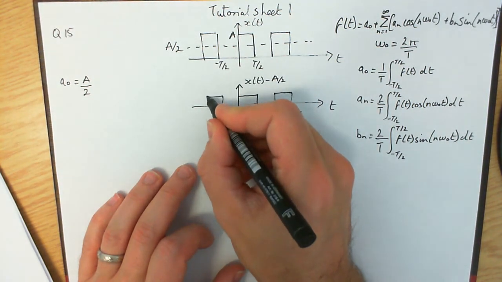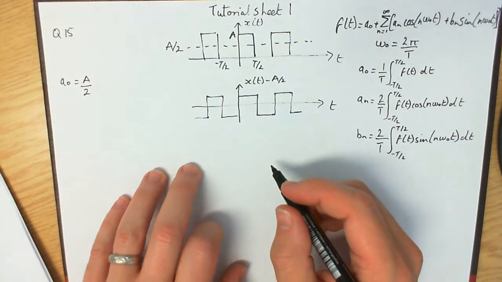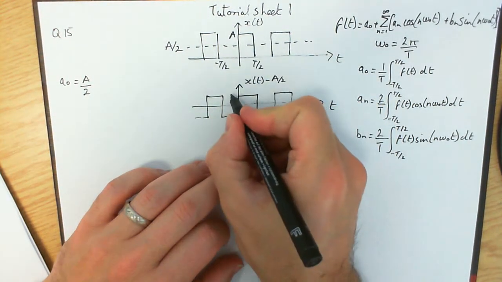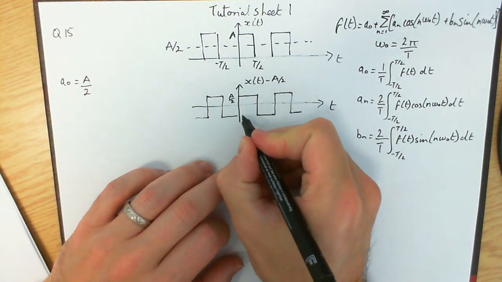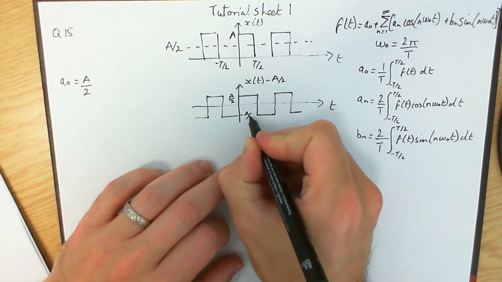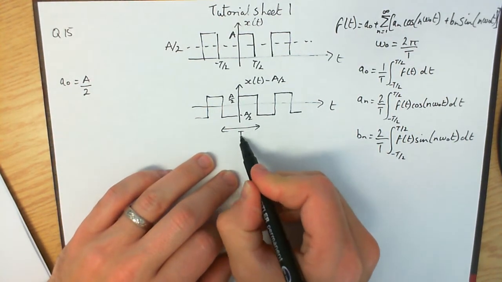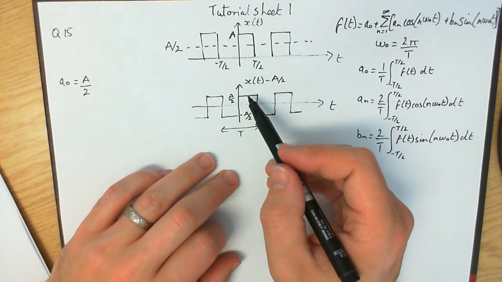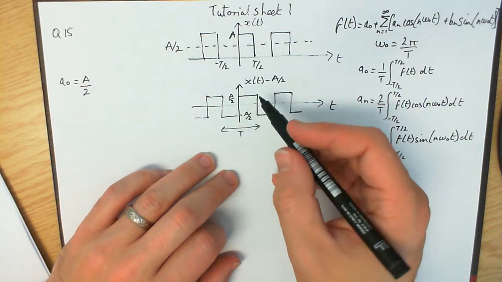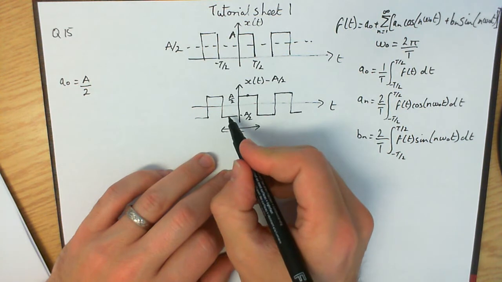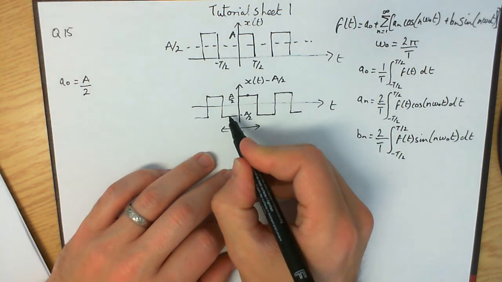And here we can quite easily determine whether this is odd or even. In this case, because we've subtracted A over 2, the amplitude now is A over 2 or minus A over 2. And so if we look over the periodicity T, we can say quite simply that this is an odd function because x of t is equal to minus x of minus t.